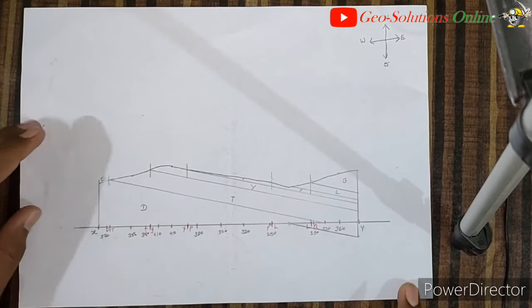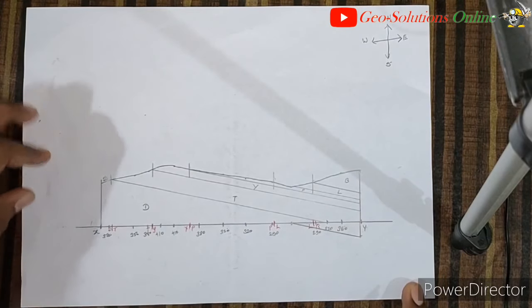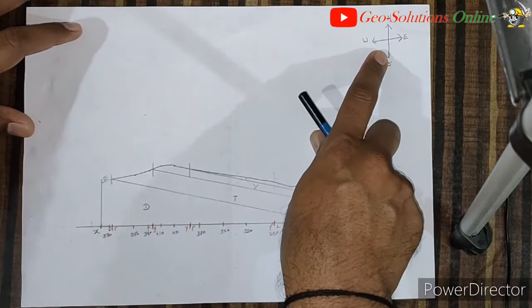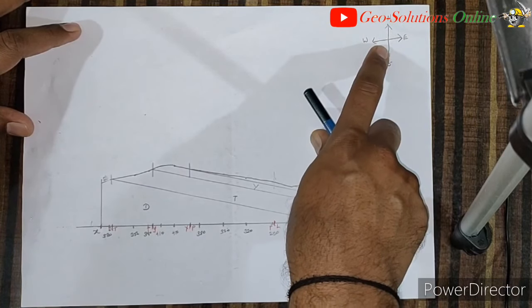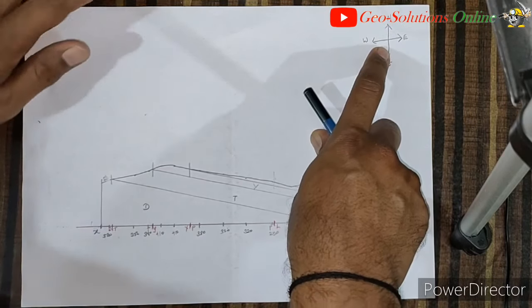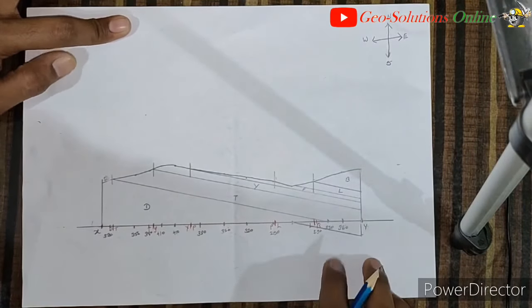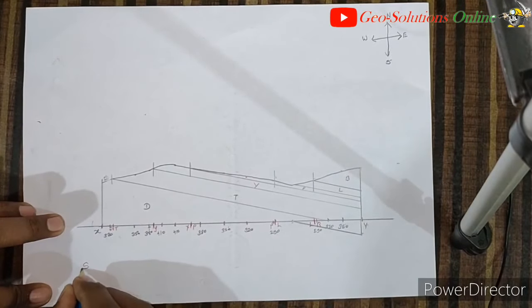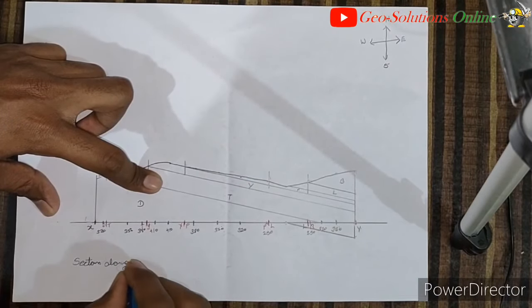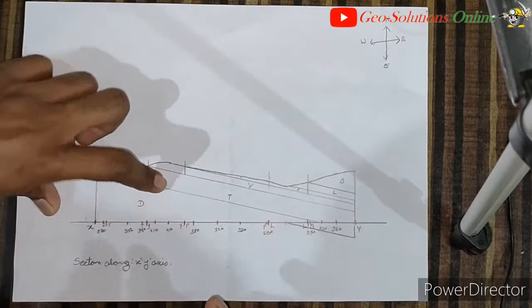To complete this section, you have to always remember direction is most important. So you have to give the north arrow. Okay, if possible give 4 directions. Then always write down section along XY axis.